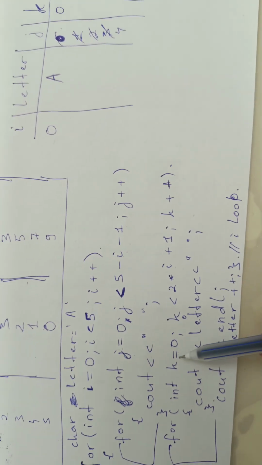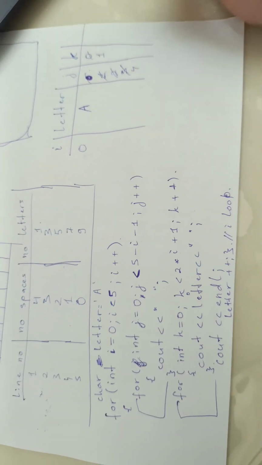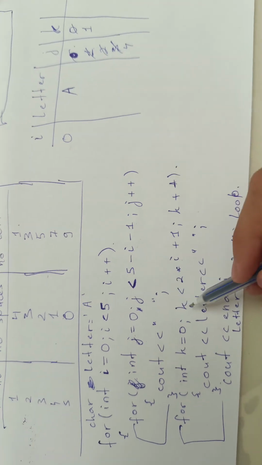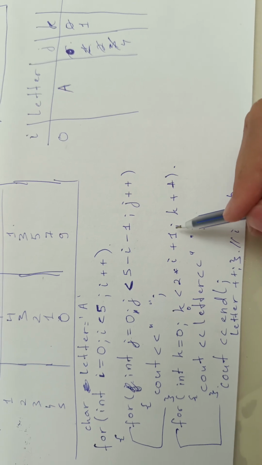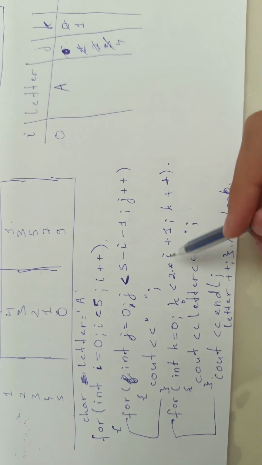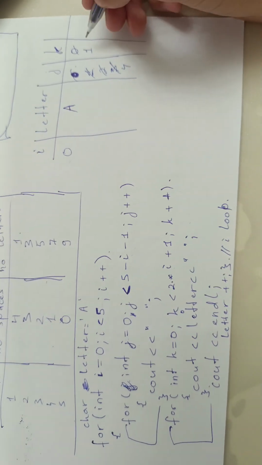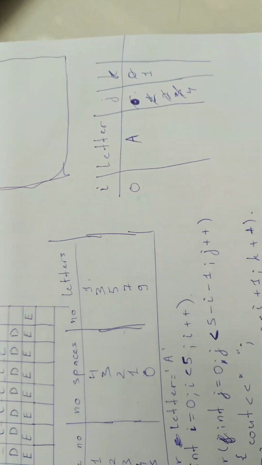So k becomes 1. 1 is equal to 1, but it's not less than 1, so nothing will be printed out.